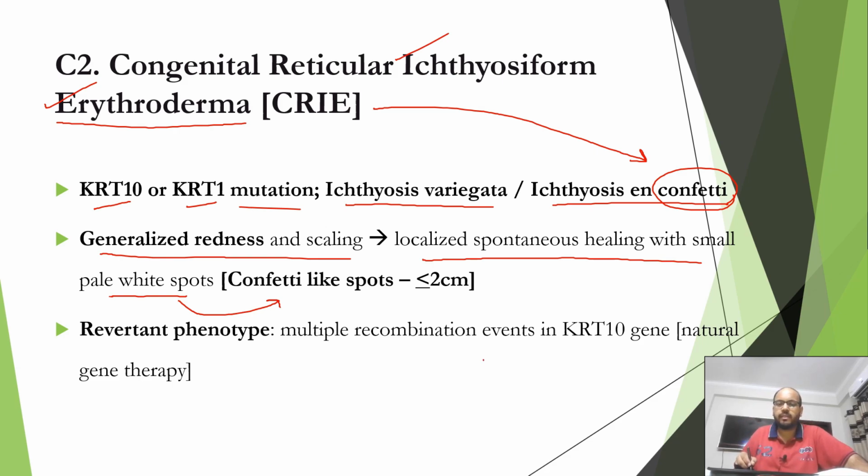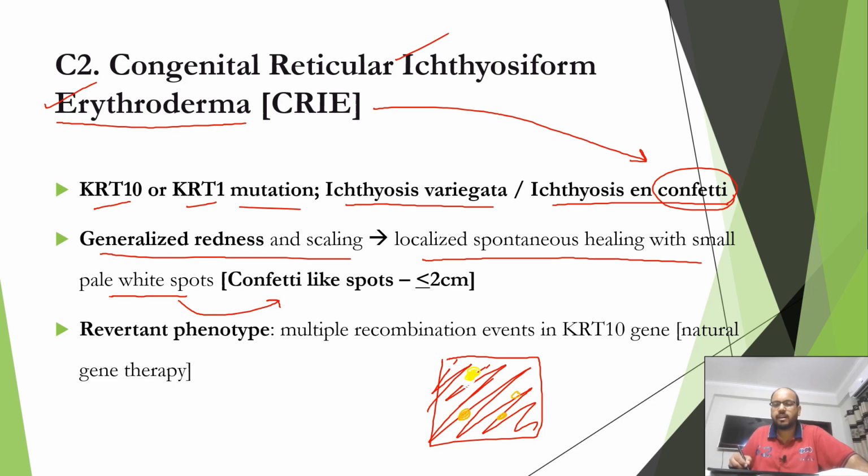So what I'm trying to say is, if this is the trunk of the patient, this whole area would be red, and in between there will be some localized pale areas less than 2 centimeters in diameter of spontaneous healing. So focus on the spontaneous healing aspect.